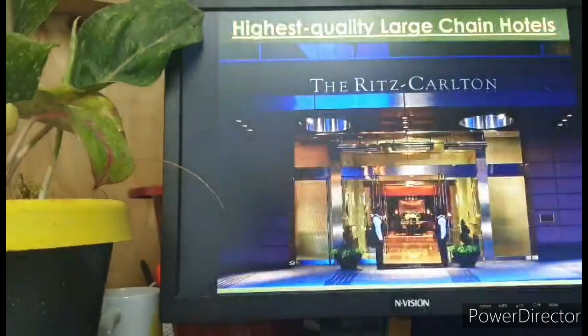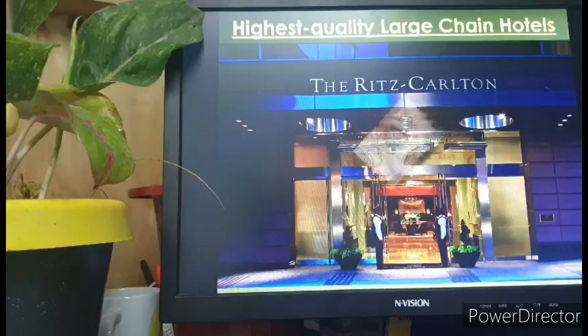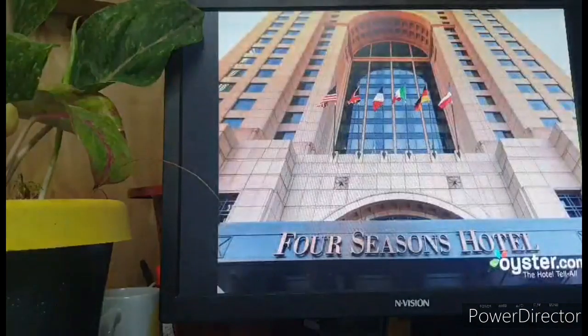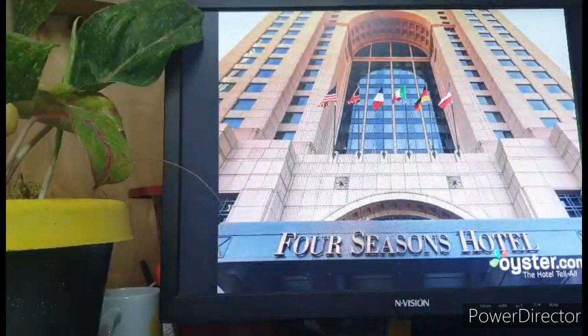Highest quality large chain hotels: the Ritz-Carlton, the Four Seasons Hotel. And of course, the most unusual hotels: the Treetops Hotel, the Ice Hotel in Sweden, the Underwater Hotel in Australia, and the Capsule Hotel in Japan.